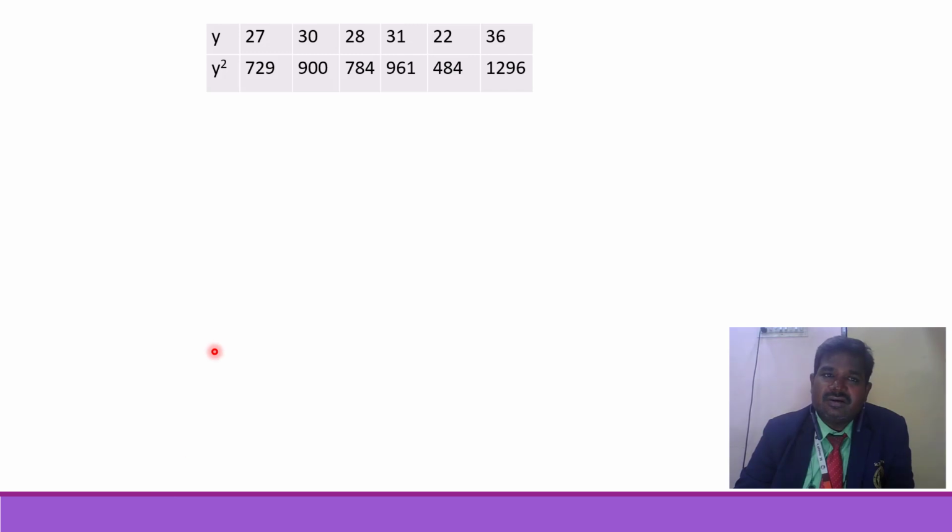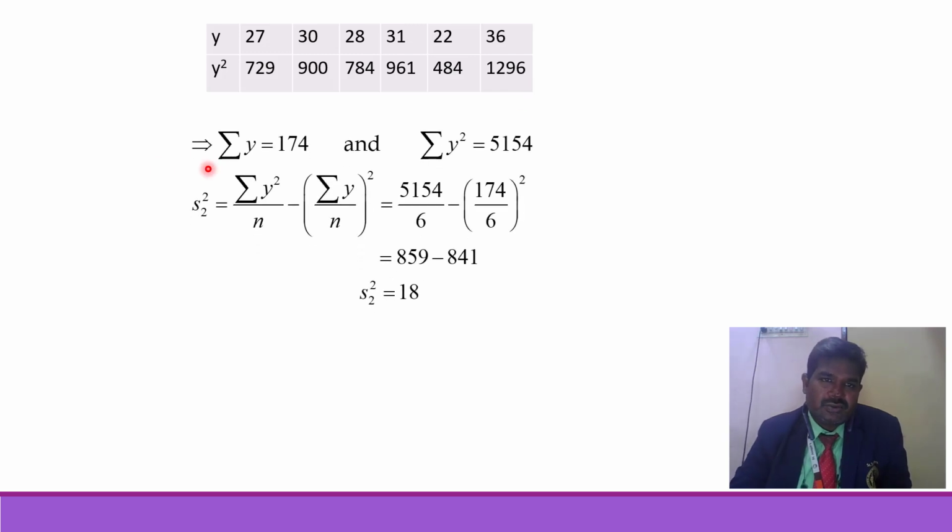Similarly, we can calculate for y. The second sample observations are 27, corresponding y square 729; 30, 900; 28, y square 784; 31, y square 961; 22, 484; 36, 1296. Summation y is 174 and summation y square is 5154.